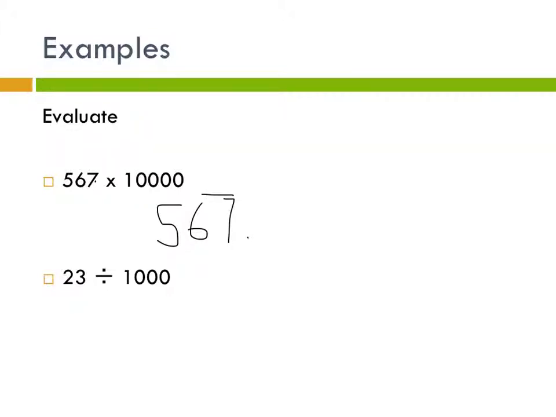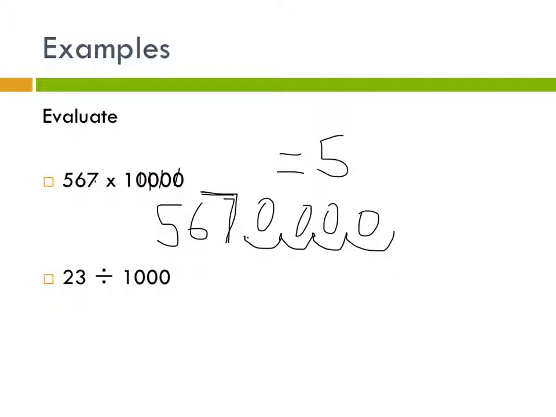I need to multiply it by 10,000. That's 4 zeros after the 1, so I need to move the decimal spot 1, 2, 3, 4. In these gaps, I write zeros, 1, 2, 3, 4.